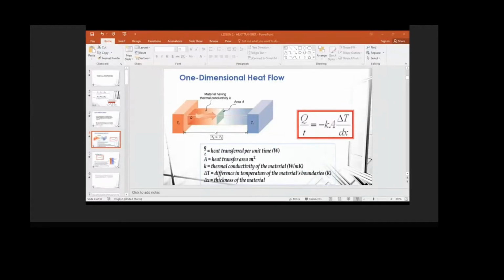And this is negative because the temperature becomes less as the distance x increases. So if you heat a metal at one end, the temperature will get less when you go away from that heating source. The further the heat travels, the less the temperature becomes. So that's why the value is negative.